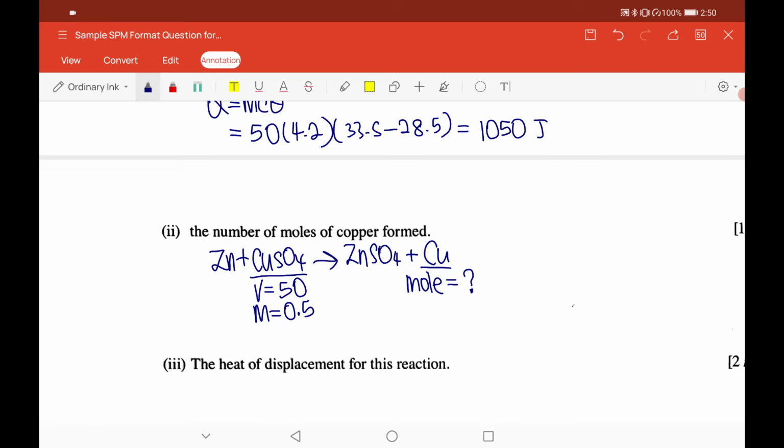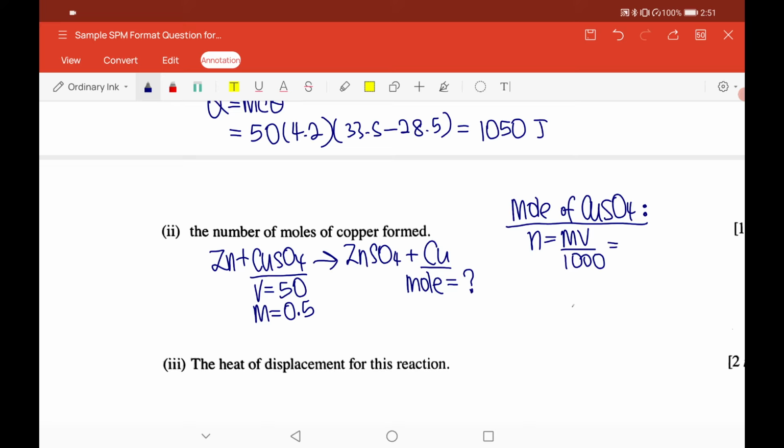Yes. The mole of the copper sulfate solution, you can find using the formula n equals MV over 1000. This is the formula to find the mole for the solution.